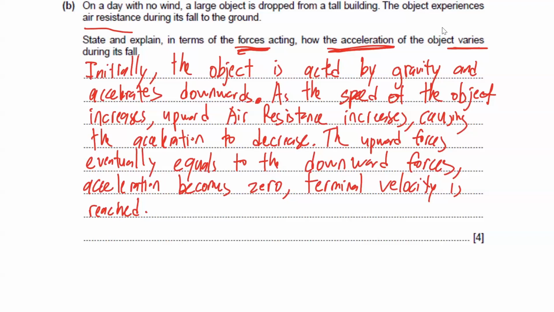That's why the velocity line curves. The acceleration is slowly decreasing; you see that the gradient is slowly decreasing. Eventually it reaches zero acceleration.